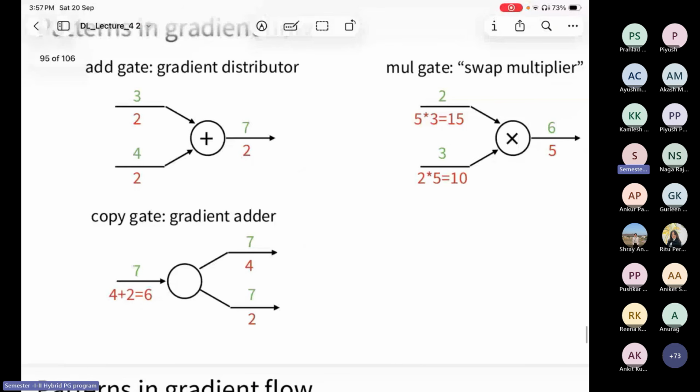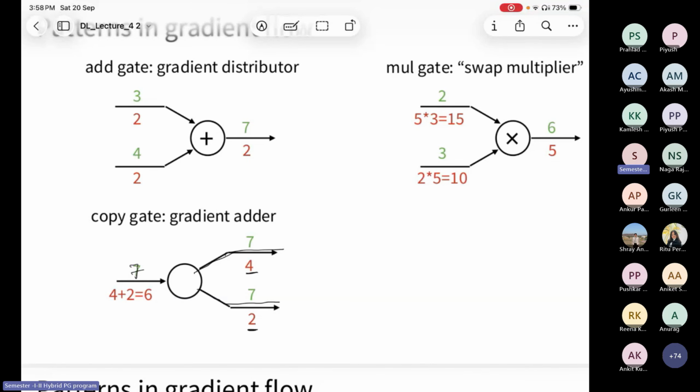Now just see the copy part. Whenever you have a copy, like this, 7 is copied to two different branches. This is the first branch, this is the second branch. Okay. Suppose you got gradient 4 in the first branch and gradient 2 in the second branch. These are the upstream gradients that you have got.